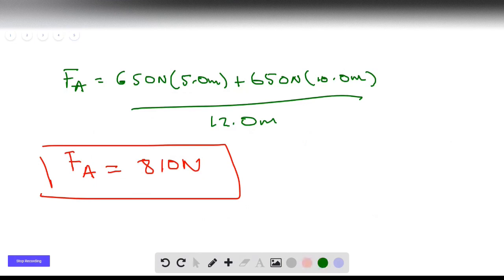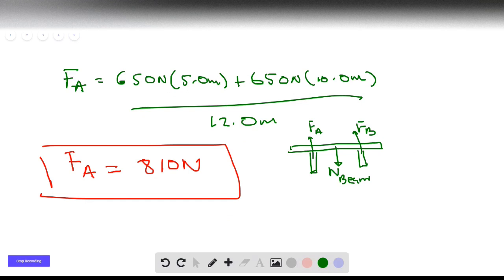And then the next thing that happens is, if you think about the beam, F of A is pointing upwards. The weight of the beam is pointing downwards. F of B is also pointing upwards.